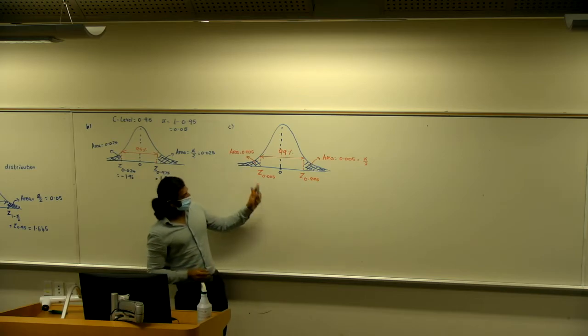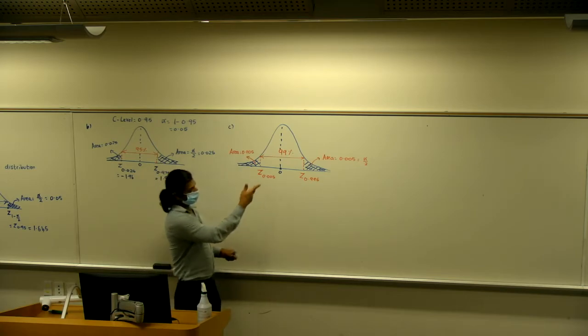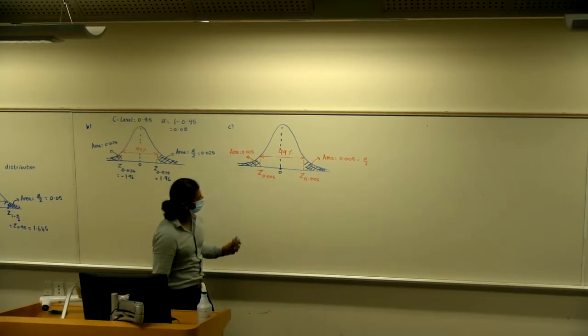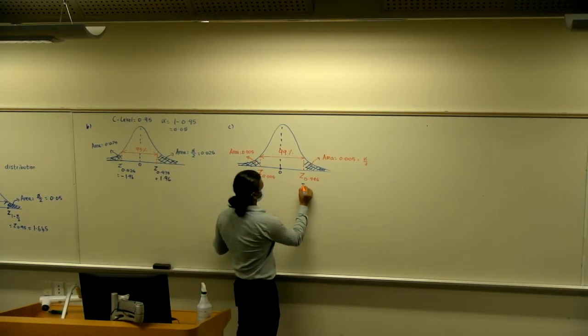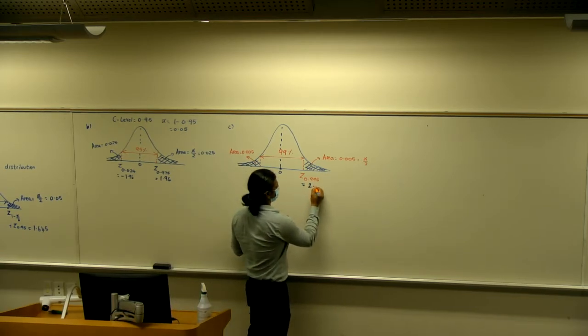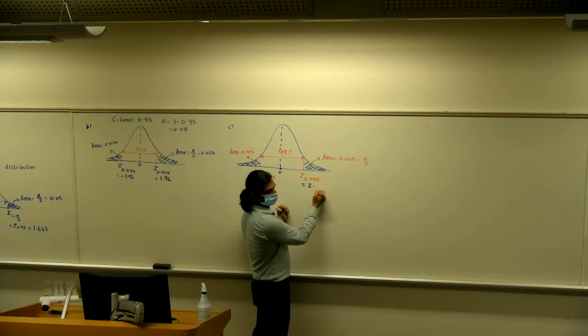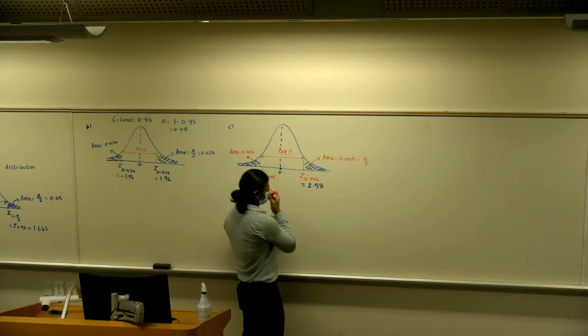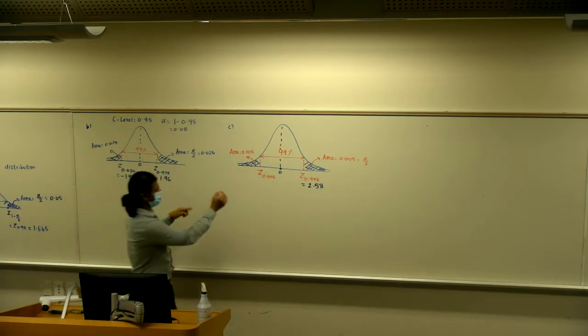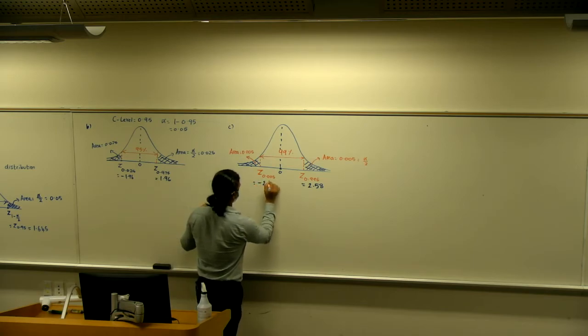So you can do inverse norm 0.005, or you can do inverse norm 0.995, which is 2.58. And this would be negative 2.58.